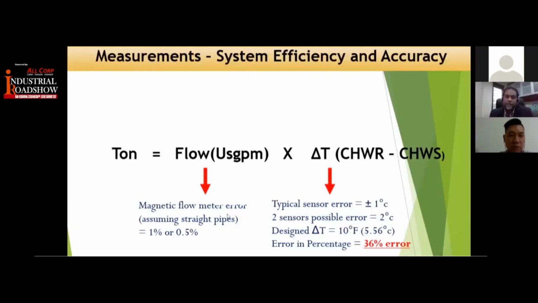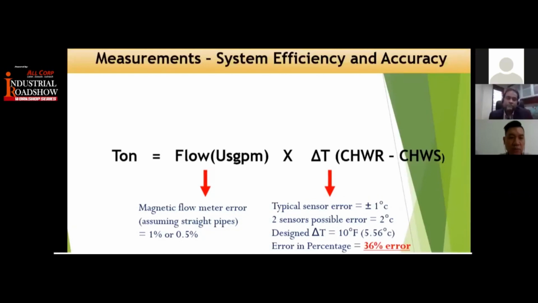So that's why when you engage the right consultant or right auditor, they will normally use very accurate sensing points. So you will see that if the design delta T is 10 degrees F, or 5.56 degrees C, you are looking at an error of 36%. If you are not using a proper measurement, then the error can be a lot.